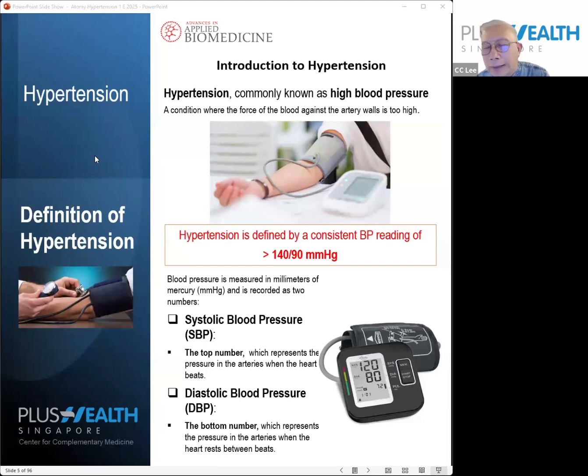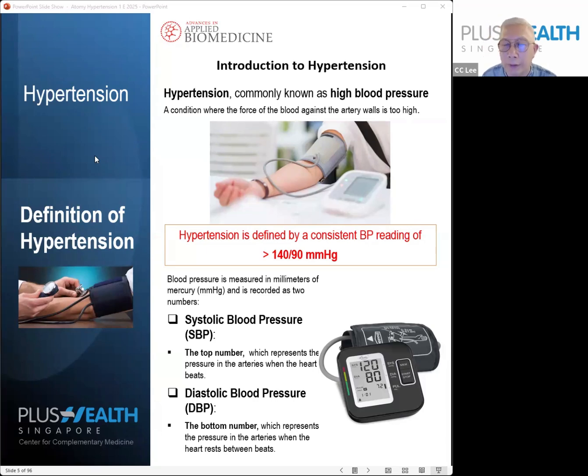Now, clinically, if your SBP, the high number, is 140 and the low number is higher than 90, then you are considered to be suffering from hypertension, which means you are in a clinical hypertension condition and need clinical intervention.